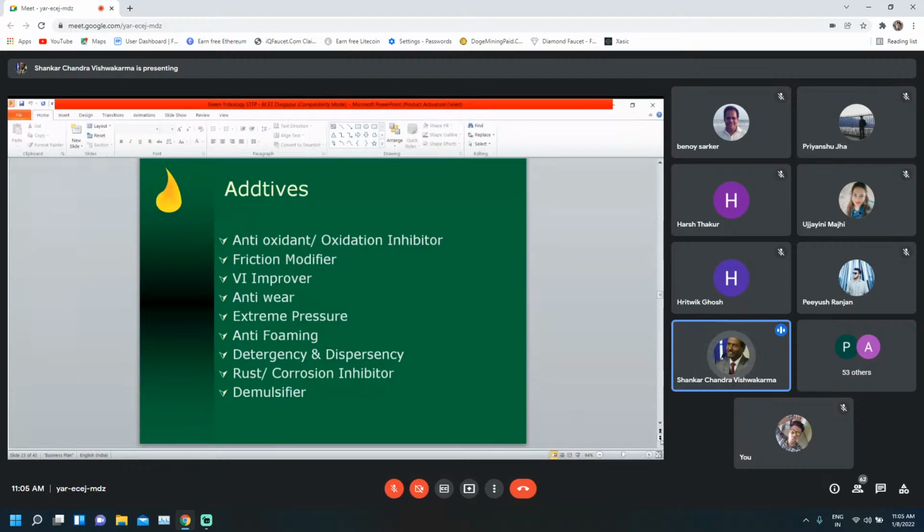They designate two numbers. One is called the winter number, and another is called the summer number. So these days, machines are using lubricants which have both properties, winter properties as well as summer properties. If the oil has such two properties, we call it multigrade oil.